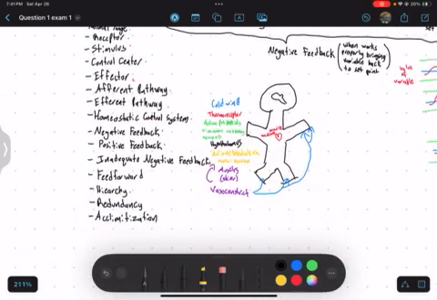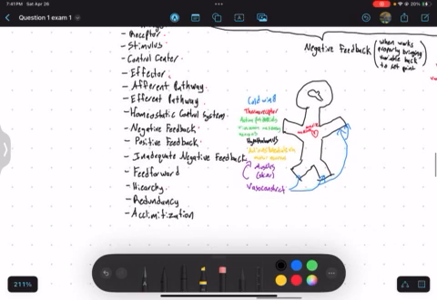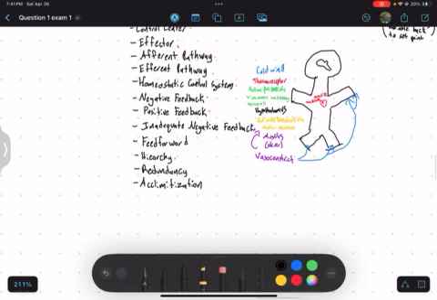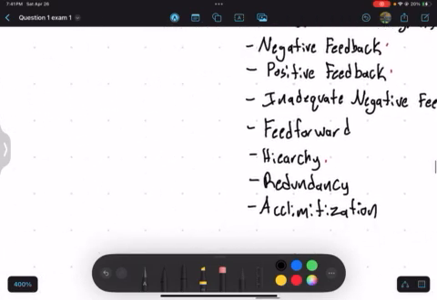Next thing we're going to do is talk about feed forward. This feed forward is whenever your system adapts to a stimulus.